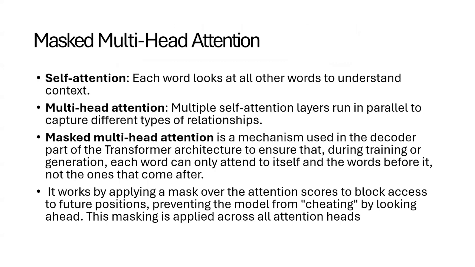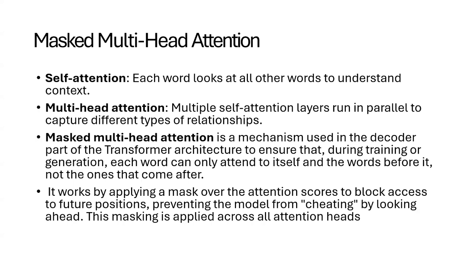There is something more when we talk about masked multi-head attention, and this is also a little tricky to understand. What is self-attention? Each word looks at all other words to understand context. Multi-head attention is multiple self-attention layers run in parallel to capture different types of relationships. That can also be understood. Now, what is this masked multi-head attention?